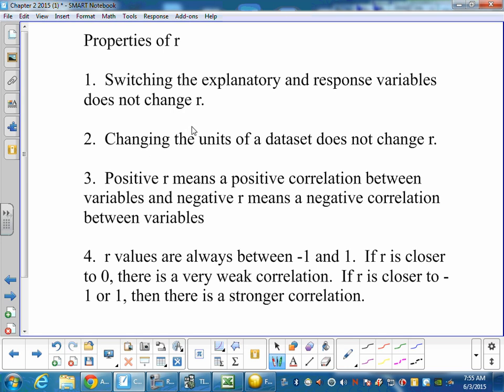The answer is it just doesn't change it at all. If R is positive, it means there's a positive correlation, and if it's negative, there's a negative correlation. R is always between -1 and 1. If it's closer to 0, it's a weak correlation. If it's closer to 1 or -1, then it's a stronger correlation.